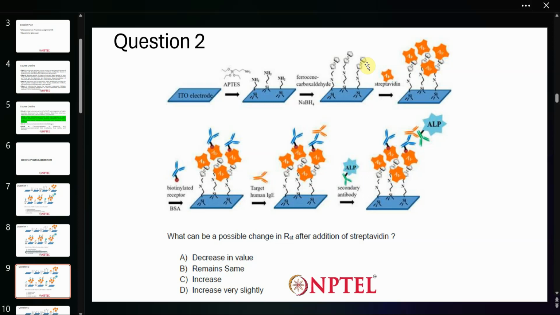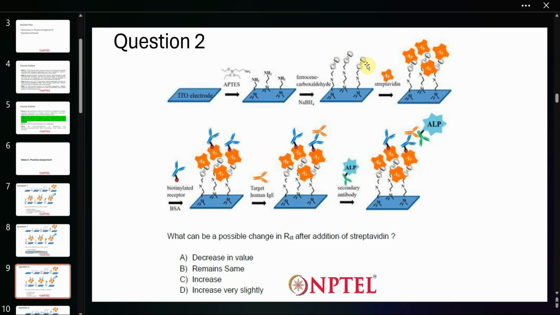So this is the same reaction which is there. So here now what they are asking is what will be the change in RCT after addition of streptavidin. Decreases, remains the same, increases very slightly. So RCT is basically related to surface level charges.